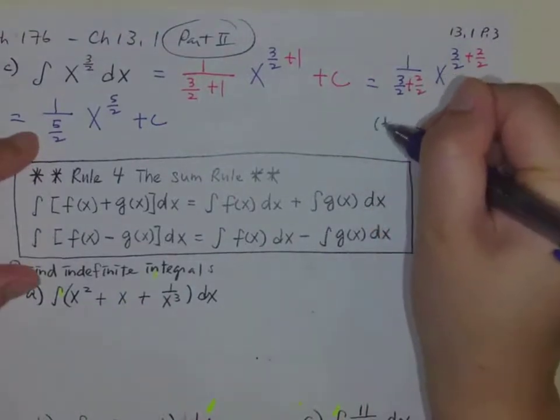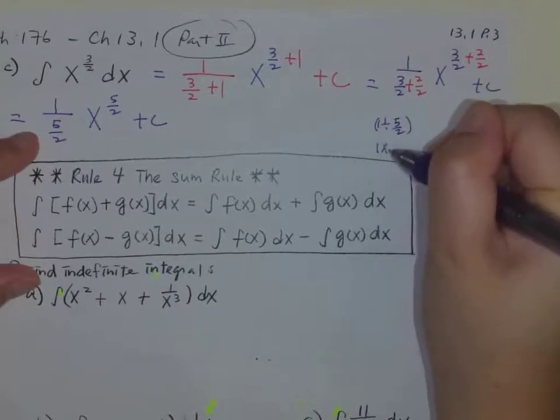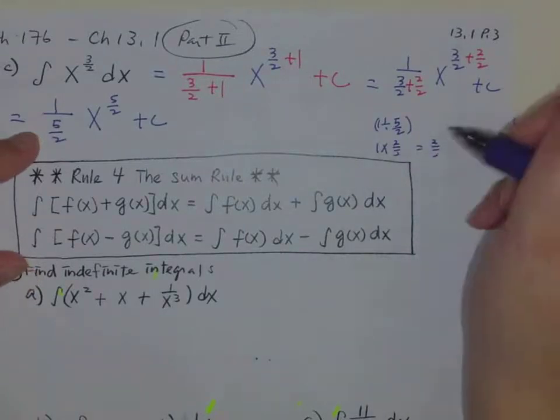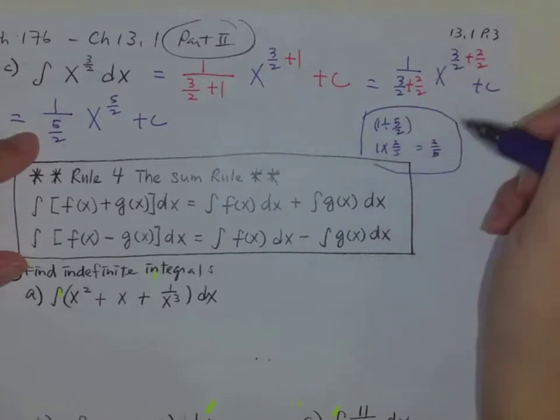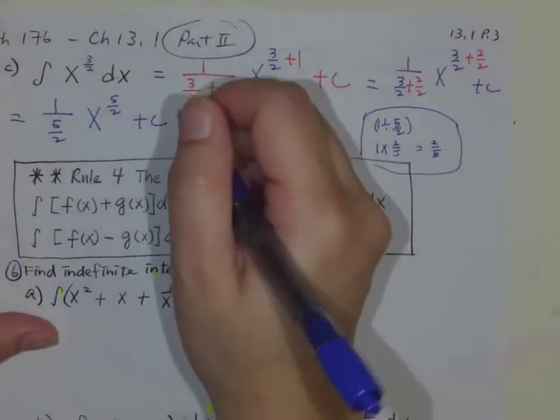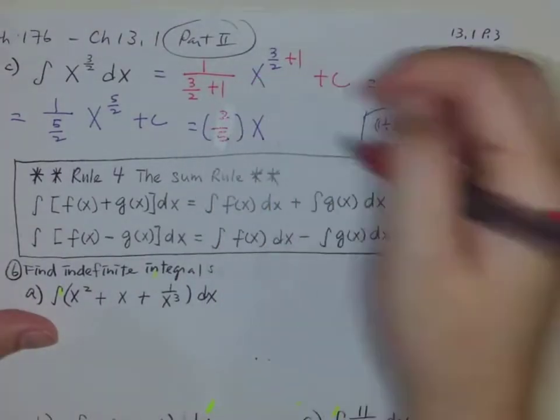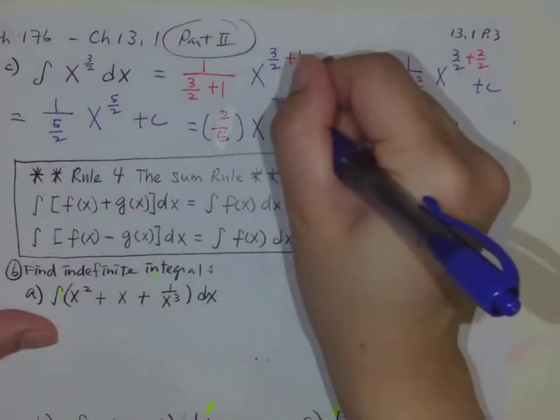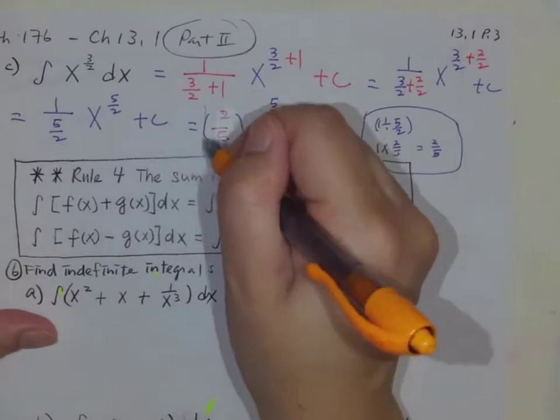This means 1 divided by 5/2, right? Or 1 times 2 over 5, so it's just 2/5. So the easier way to think about this complex fraction is you just flip it. So we got 2 over 5, and then x 5 over 2 plus a c. So that would be the answer.